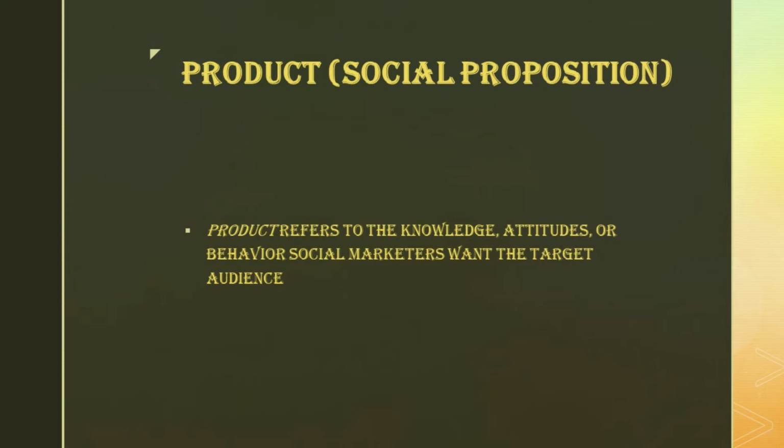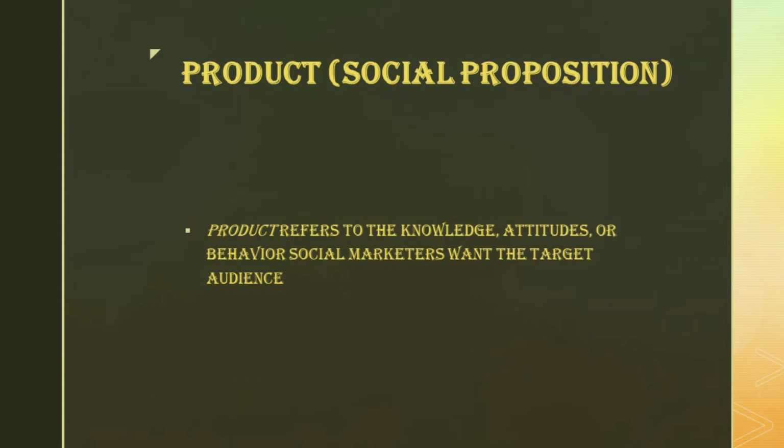In commercial exchanges, where consumers receive a product or service in exchange for a cash outlay, public health marketers rarely exchange an immediate, explicit payback for adoption of healthy behavior.